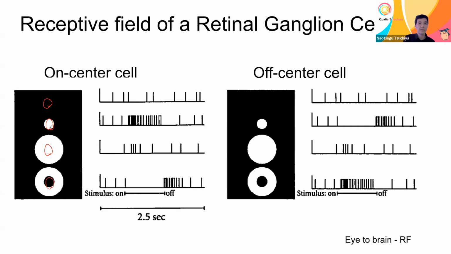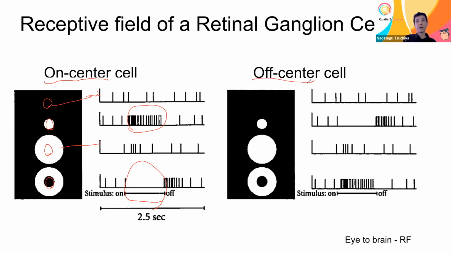If you place a light spot this way, this on-center cell becomes very active when there's something bright at the location of the receptive field. But it becomes completely suppressed when a bright thing is around and a dark thing is at the center, and intermediate when it's uniformly black or uniformly white.